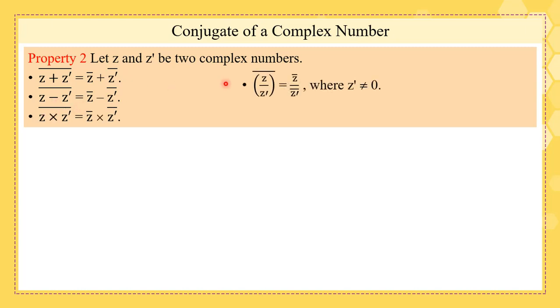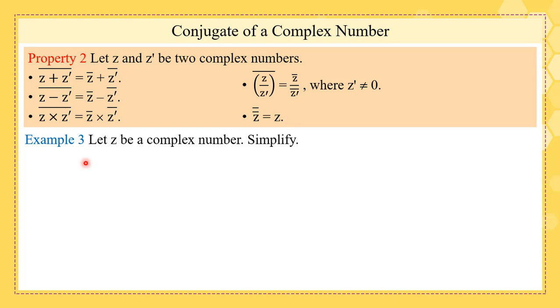While we continue, we can also distribute this bar when we have a division. So what is z over z prime quantity bar? It will be z bar over z prime bar. And remember here, z prime can never be 0 because it's given in the denominator. And as you expect, z bar bar is z.